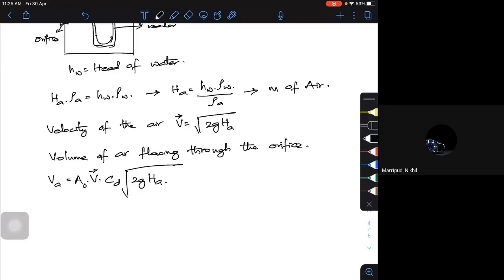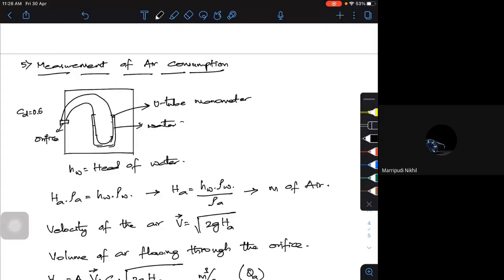So this is the formula which I am going to use to calculate this. I get it in terms of meter cube per second. That is the amount of discharge, or the volume. Few books call it QA, or volume of air, or discharge of the air. If I divide it by 60, I get it in terms of meter cube per minute. So this is nothing but the volume of the air. That is how I calculate the volume of the air.